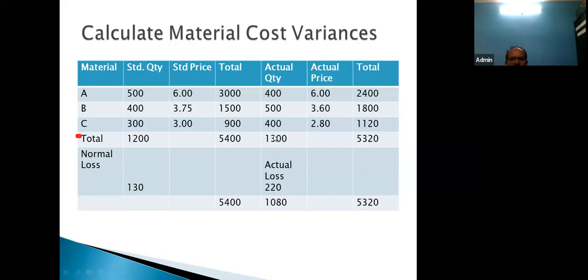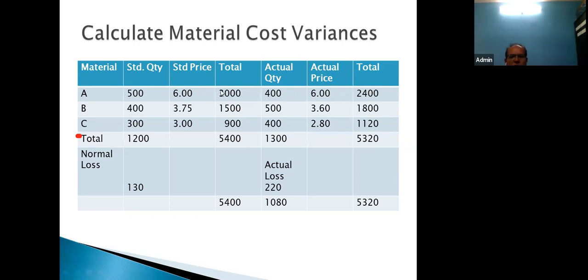Now here we have this table which indicates material. There are three types of material: A, B, and C. Then standard quantity, standard price, and total. The first four columns indicate standard, and the last three columns indicate actual. Are you following me?